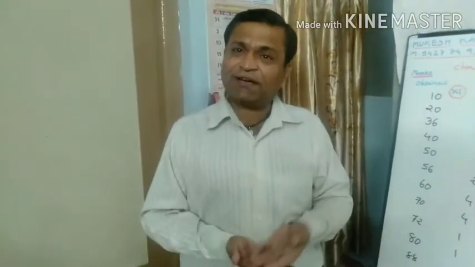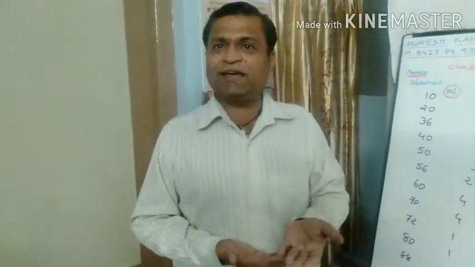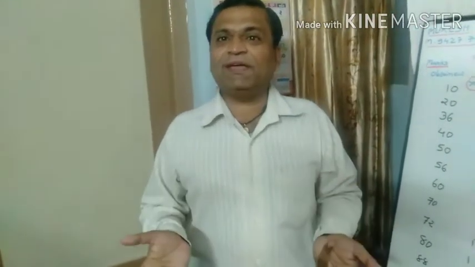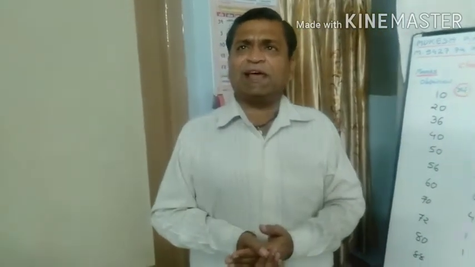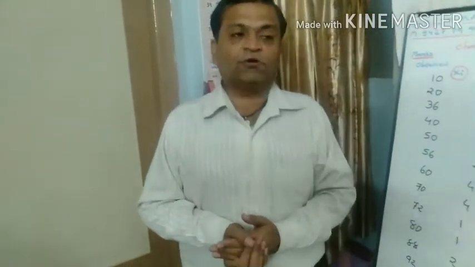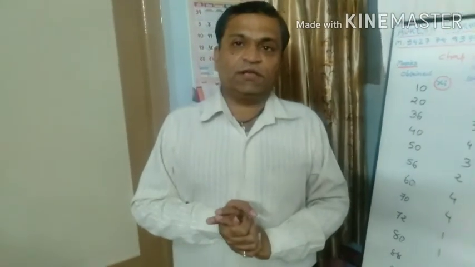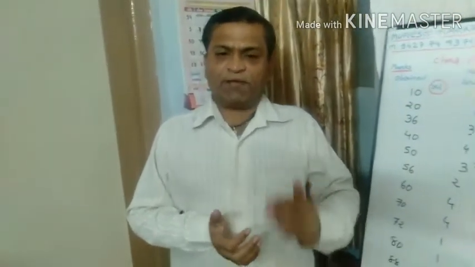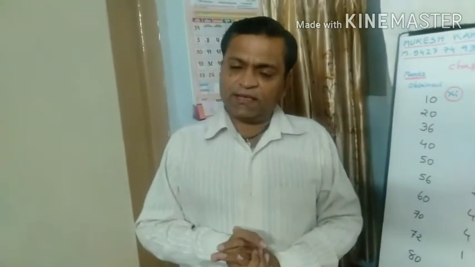It is just nothing but a mean. You are doing the total sum divided by your number of subjects. This is the mean, and we are using this in our daily life. So we have to study it very carefully, and step by step you will learn very easily.